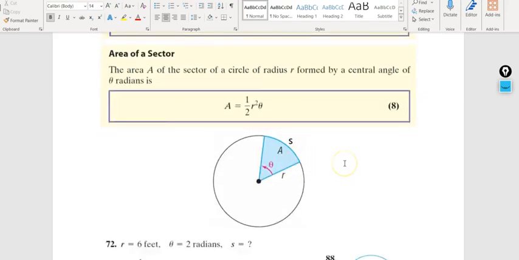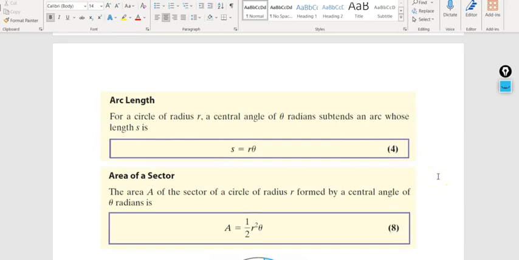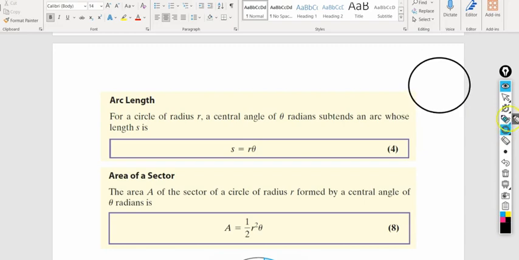So what is an arc? All right, so if you have a circle, and it has radius r, and you're traveling in a positive direction, and your angle theta is in radians.